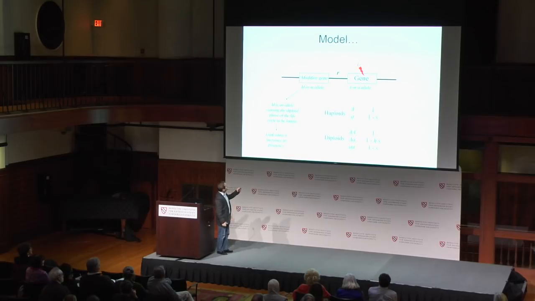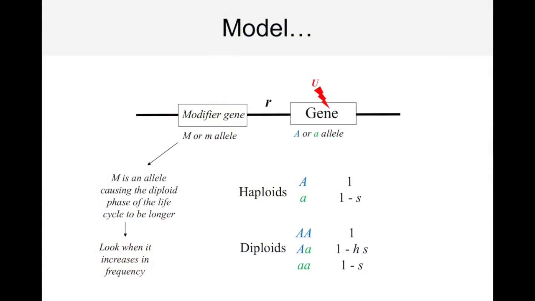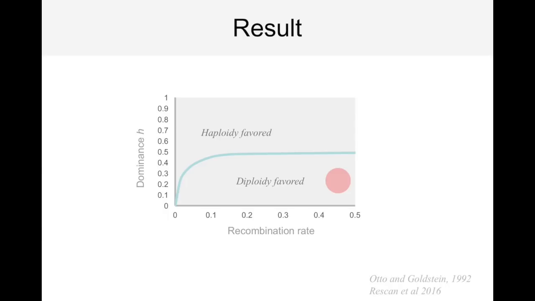If you do that, you've got this two loci model, and they recombine. You've got a recombination between the two genes at a rate R. When you analyze this model, that's the result. That's the recombination rate between the two loci, and that's the dominance of the mutation.